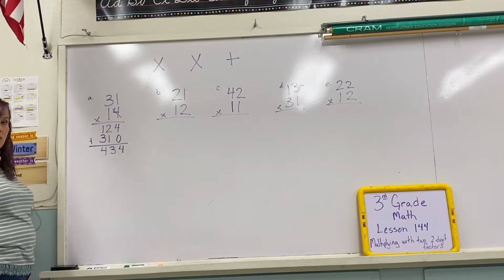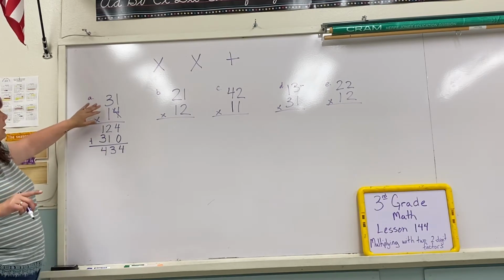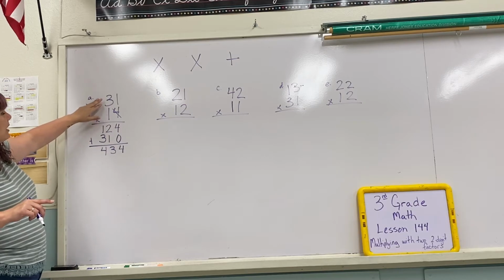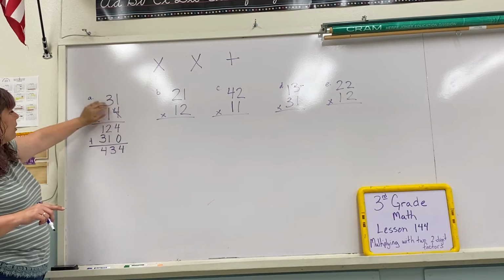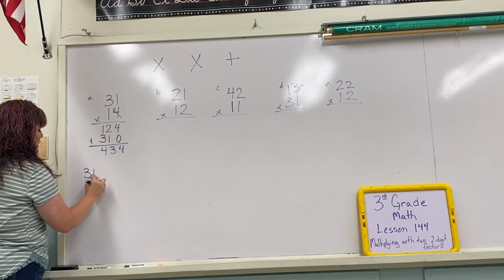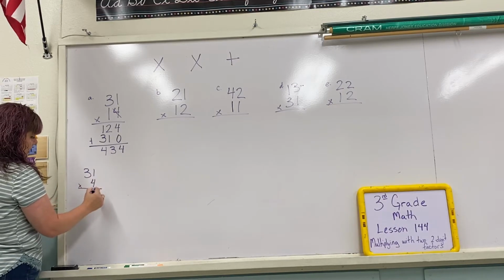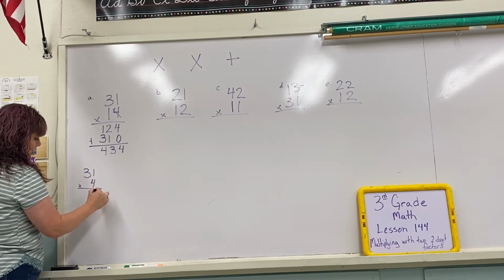Now, let me show you why this works. Let's separate this out, and let's pretend like we have 31 times 4 and then 31 times 10. So if we have 31 times 4, we know how to do that really easy. That's just 4 and 12.